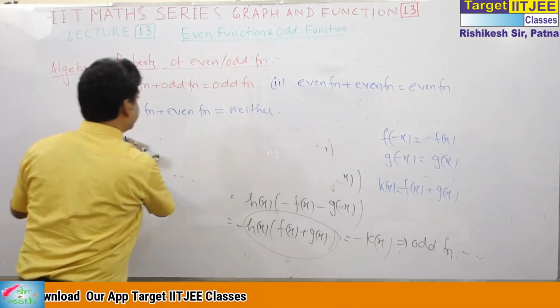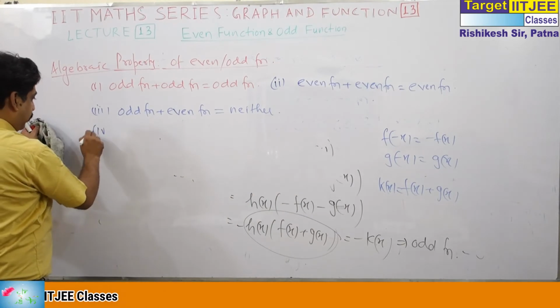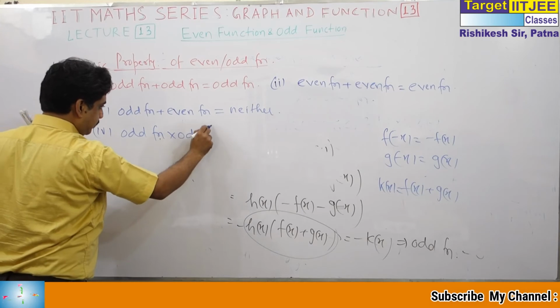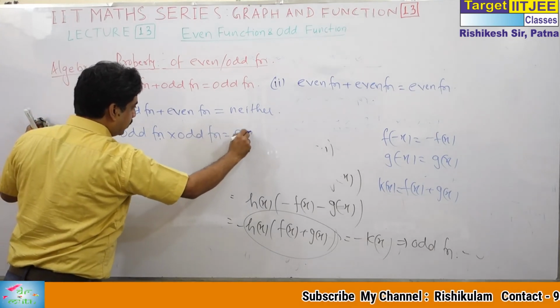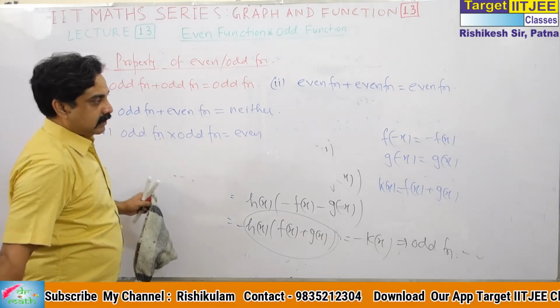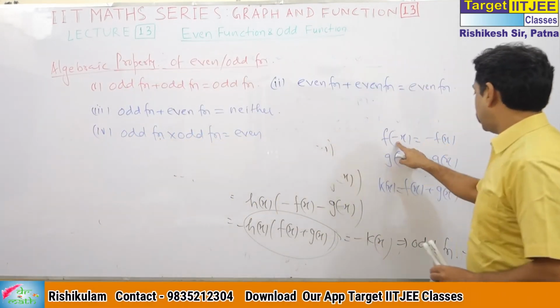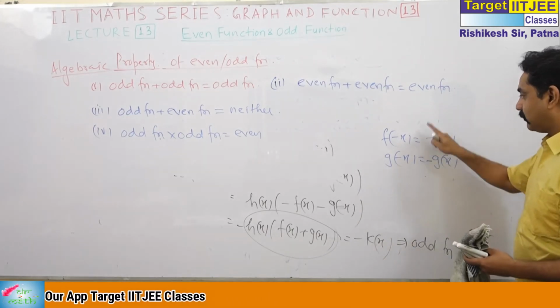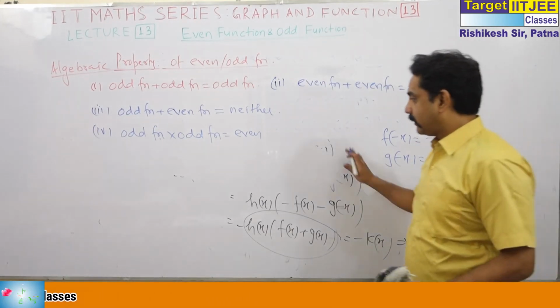Now, come to the fourth one. When you multiply an odd function and an odd function, it will be an even function. Because one minus comes from here, one minus comes from there. Suppose f(x) is odd, it gives minus f(x). Suppose this is again odd, this gives minus g(x). When we multiply, the minus vanishes. So clear?